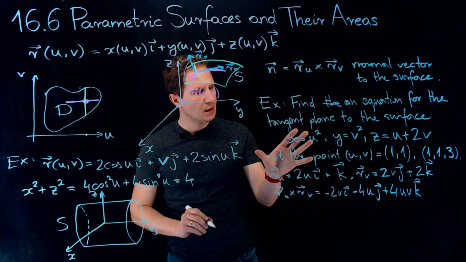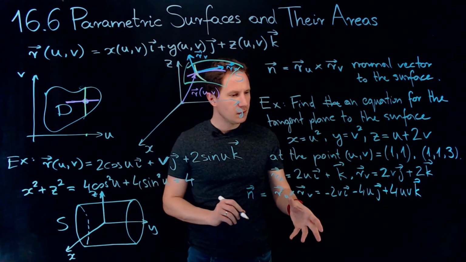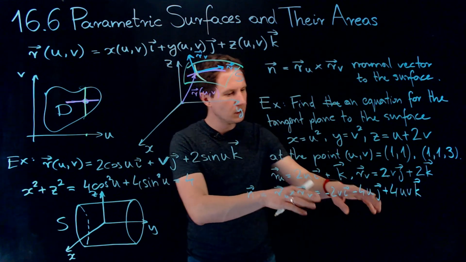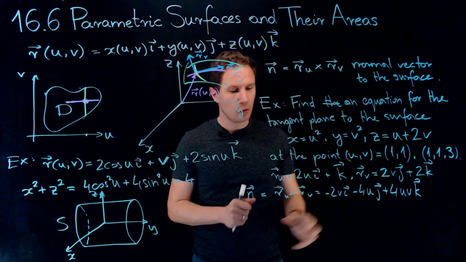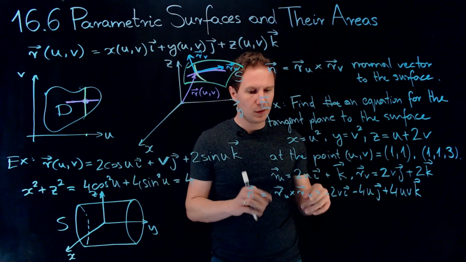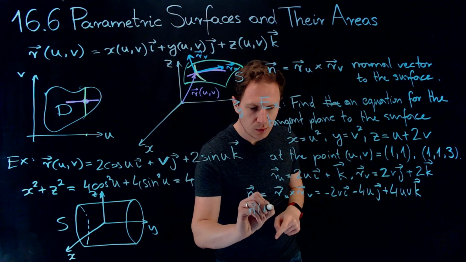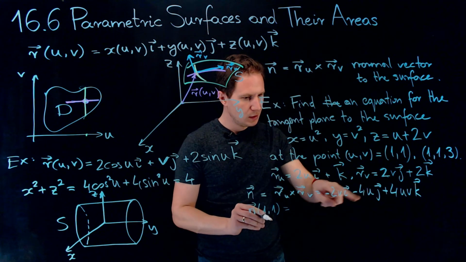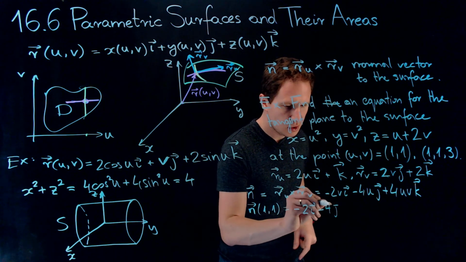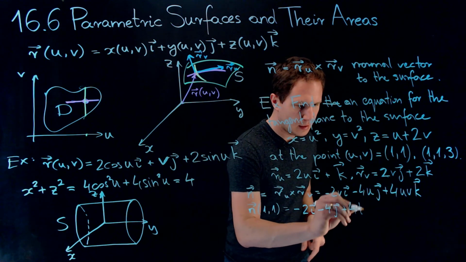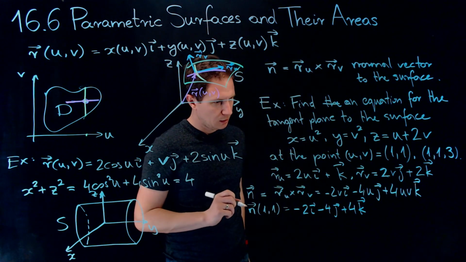So that's the normal vector to the surface at any point where you take some values of u and v, you will get the normal vector to the surface at that point. So what we need is the normal vector at u equals 1 and v equals 1, so that will be minus 2i minus 4j and plus 4k. So that's the normal vector at the point which we care about.